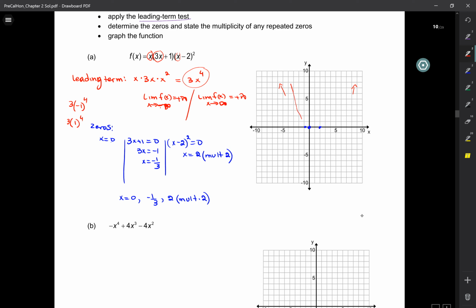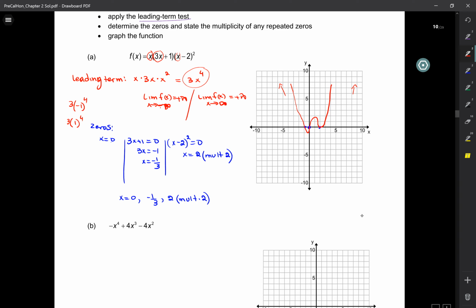Now there is a 0 at x equals -1/3 with a multiplicity of 1, which is an odd multiplicity, so it's got to cross, turn back around. Here it's got an odd multiplicity, it's got to cross, and it's got to turn back around, cross here, but turn around because it's an even multiplicity and go back up.